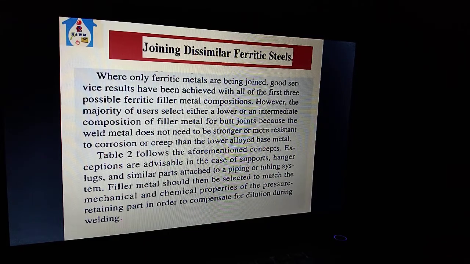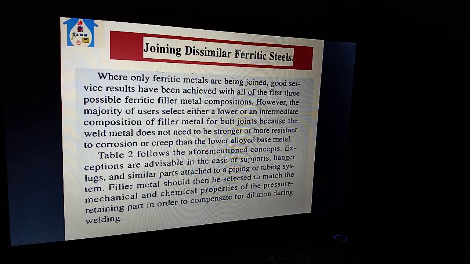Filler metal should then be selected to match the mechanical and chemical properties of the pressure retaining part in order to compensate for dilution during welding.